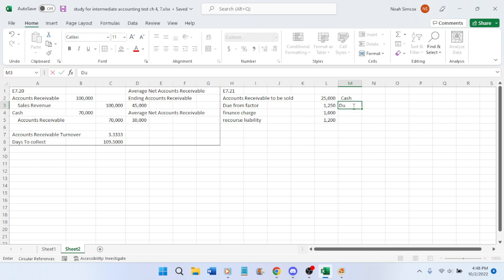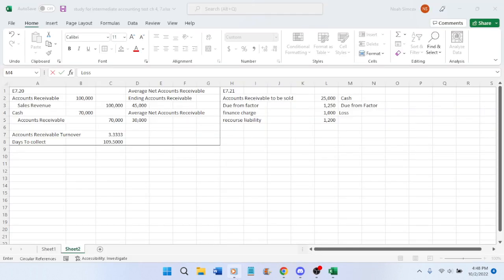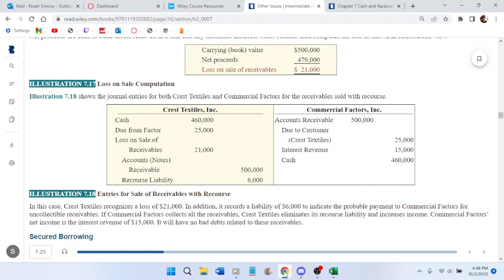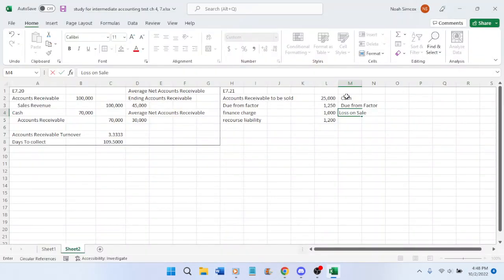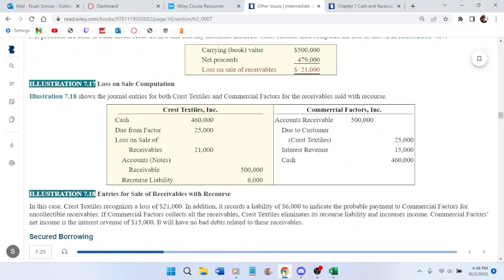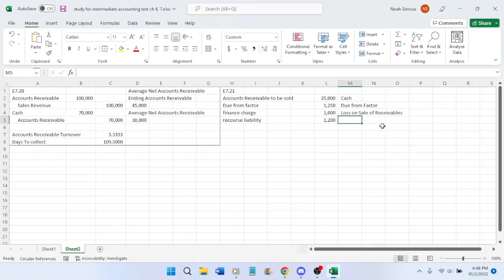Due from factor, loss on sale of receivables, and then accounts receivable and recourse liability.